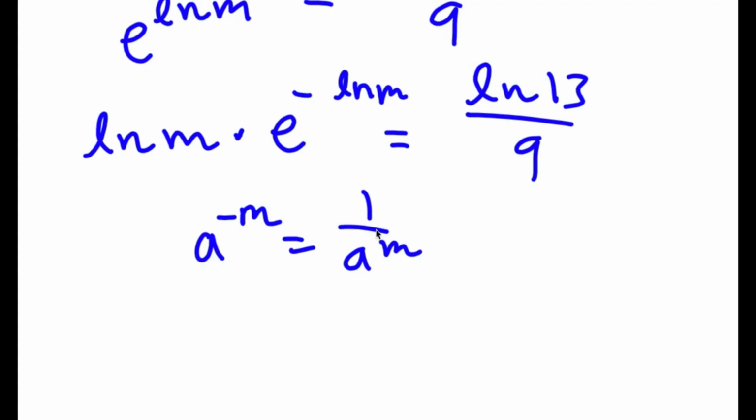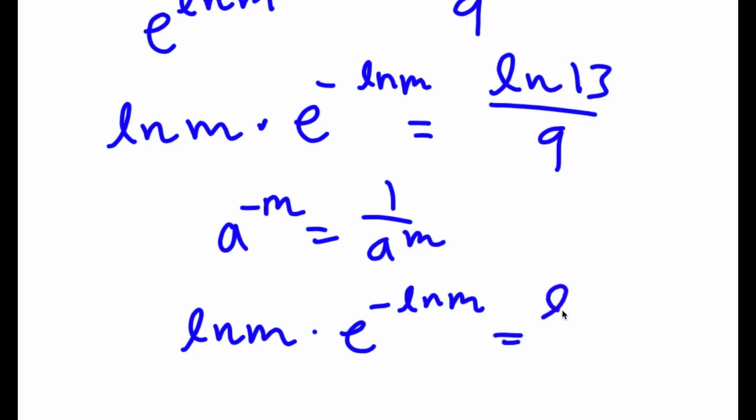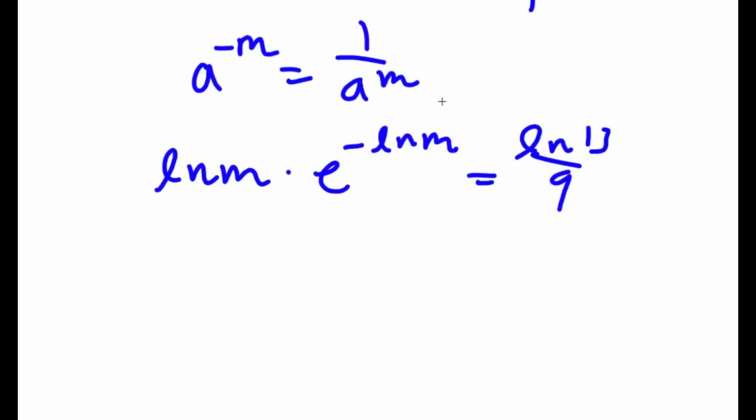So now I have ln m times e to the power of negative ln m, which is equal to ln 13 over 9. To solve this, what I'm going to use is the Lambert W function.